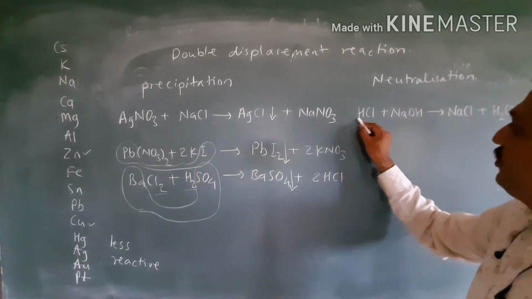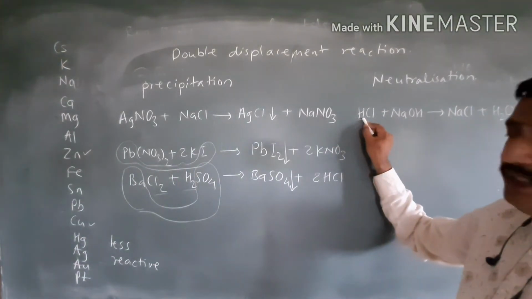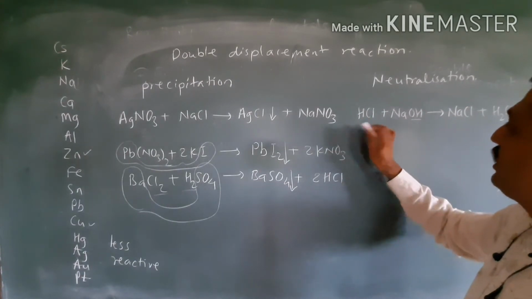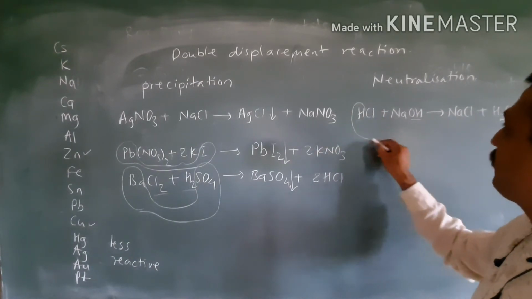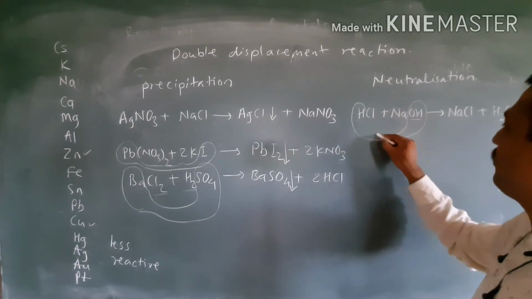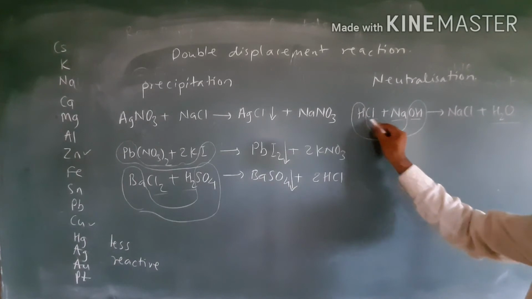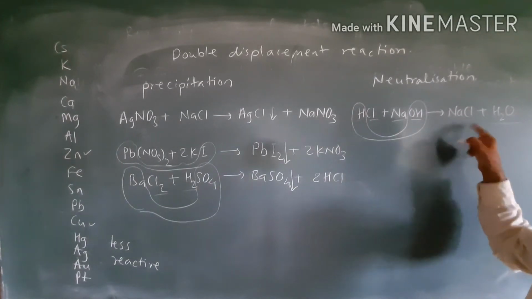See, acid we know is a substance which releases H+ ion. Base is a substance which releases OH- ion. So in a neutralization reaction, hydrogen from acid and hydroxide ion from base form water, and the remaining species form the salt. Okay, this salt is a soluble salt.